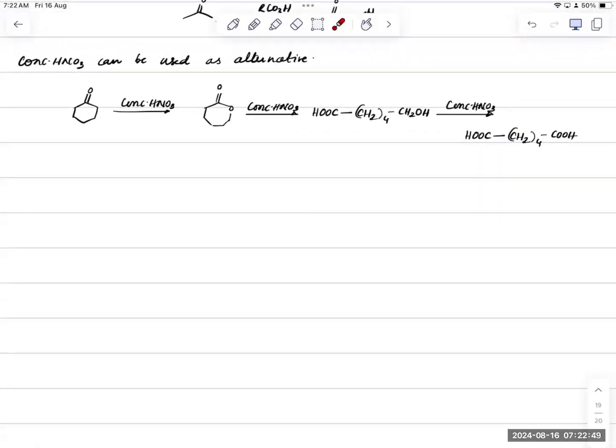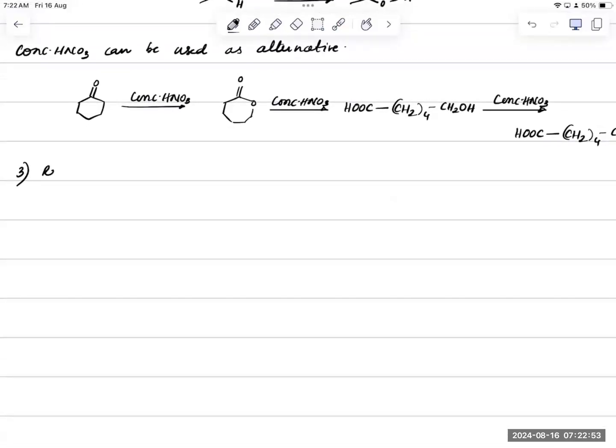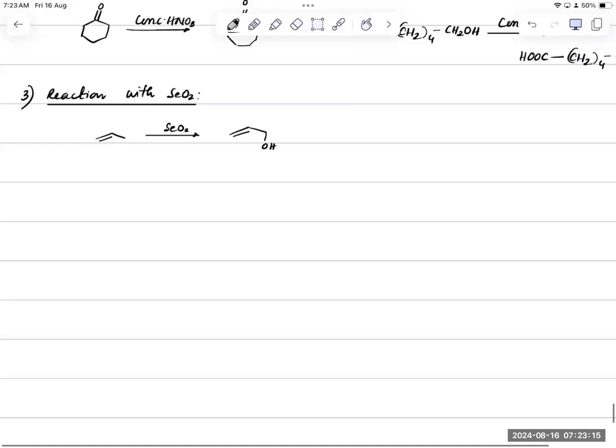Next, the third one. The third oxidation reaction is about reaction with selenium dioxide, SeO2. Earlier, if you recall, we already learned that when there is a double bond only, alkene only, and selenium dioxide is used, we'll get an allylic alcohol. This is what we used to get. Okay.